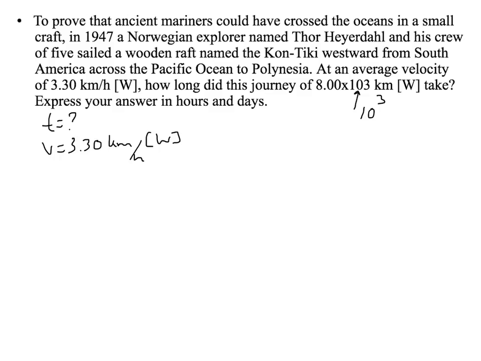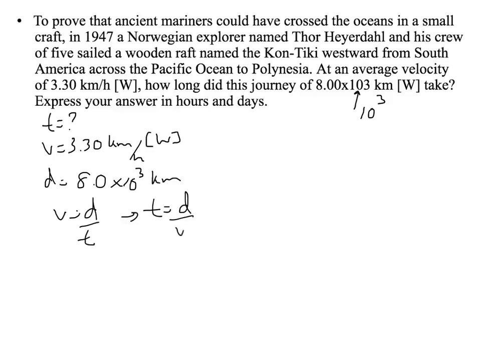We know that the distance was 8.0 times 10 to the 3 kilometers. So, not too bad. Let's find v equals d over t. We rearrange once again, and we get t is equal to d over v.